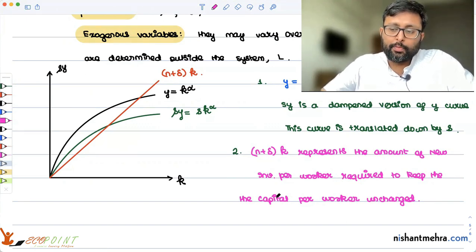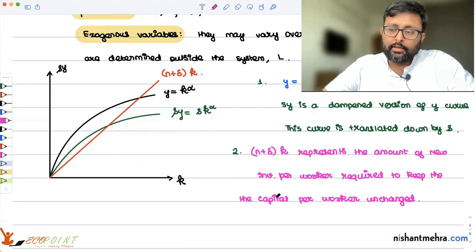Because with normal wear and tear, there are some machines which just become obsolete, right? So you need to invest again in that number so that capital per worker remains unchanged. Because if the number of machines becoming obsolete is more than the number of machines which you add, the capital per worker is going to fall. So if you want to keep the capital per worker unchanged, you have to add machines also.